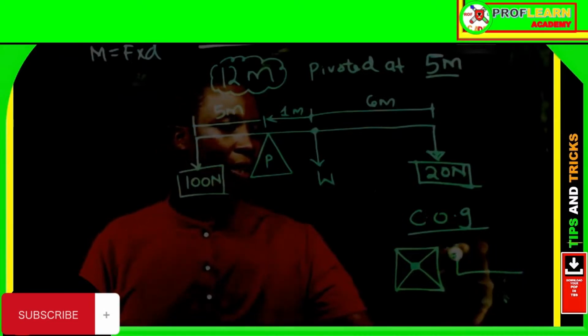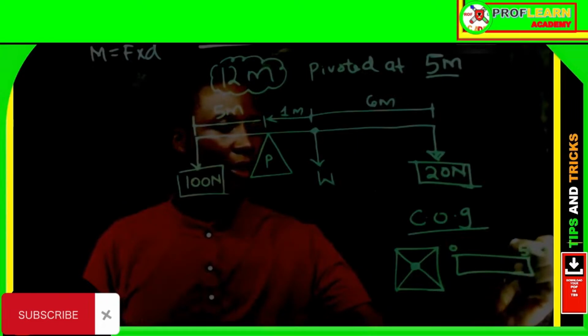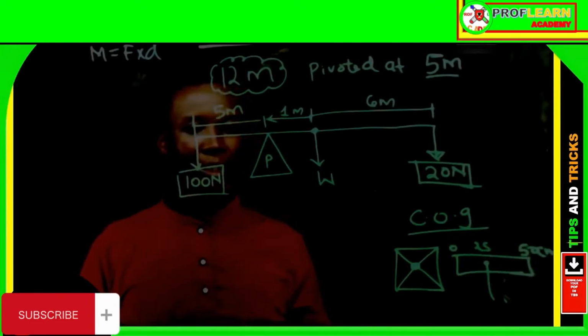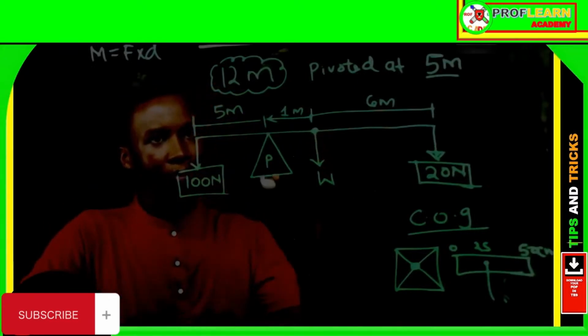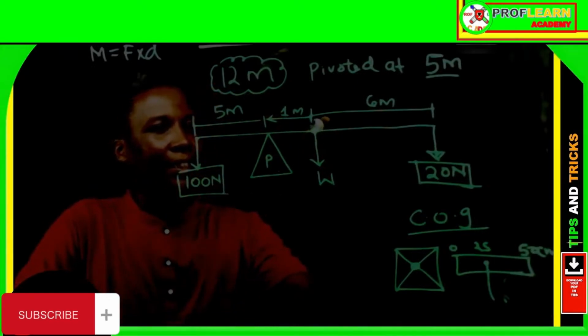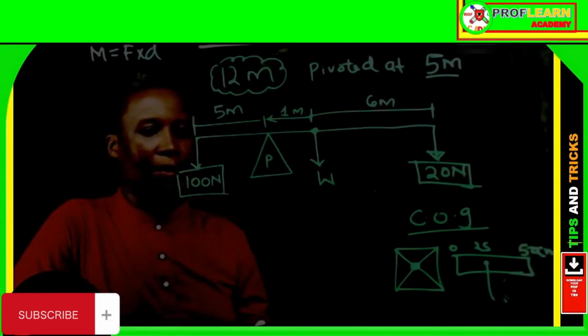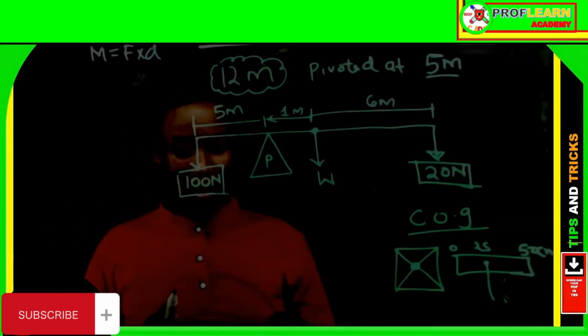If you have a ruler of 50 centimeters, the center will be at the 25 centimeter mark. Similarly, if we are having a beam of 12 meters, the center will be at the 6 meter mark. So that's why we're saying that.